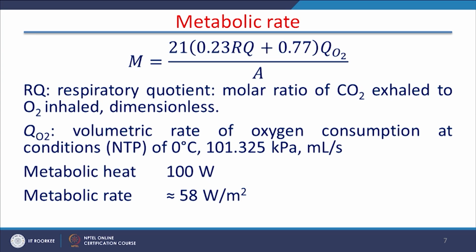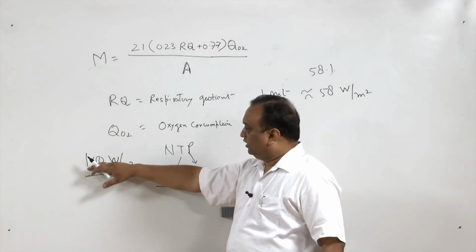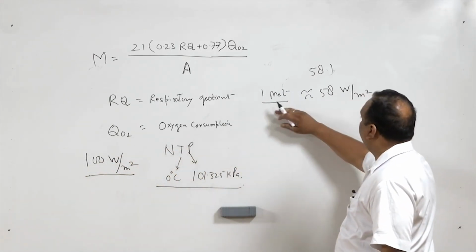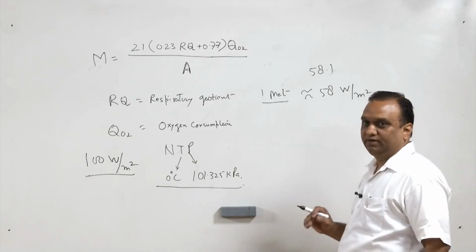Now if I divide this by surface area, I will get the heat flux, and that heat flux is approximately 58.1 or approximately 58 watt per meter square, and this is known as 1 MET. Metabolic rate is not expressed in terms of watts, it is expressed in terms of MET, and 1 MET is approximately 58 watts per meter square.